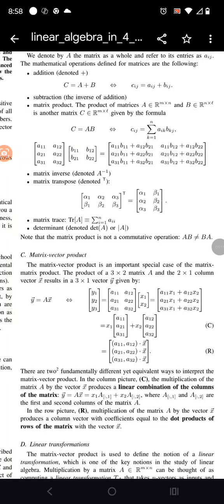For example, here y equals A x. y is a 3 by 1 vector, x is a 2 by 1 column vector with x1, x2, and A is a 3 by 2 matrix. A 3 by 2 matrix A and a 2 by 1 column vector x result in a 3 by 1 vector y. So a matrix multiplied by a vector turns out to be another vector.